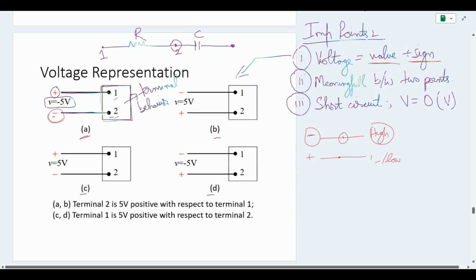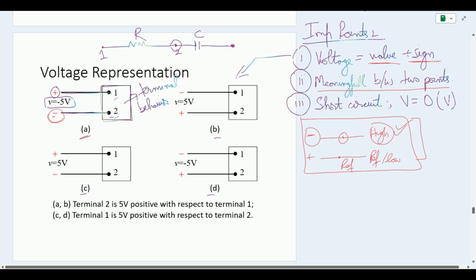And this also explains our second point, that voltage is only meaningful between 2 points, because the basic definition of voltage is that we always move a charge from a reference level or a low level to a higher level. So which means that voltage is always going to exist between 2 points. So hopefully this clears the second point as well.